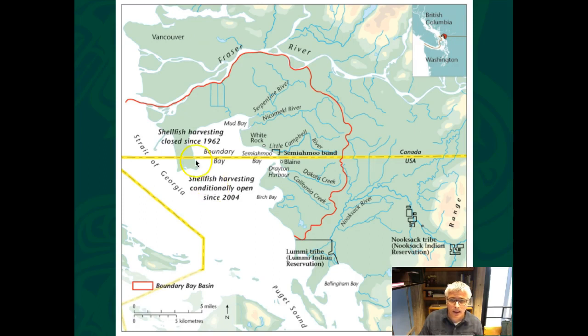And so in Boundary Bay, which is the boundary between Canada and the U.S., on the Canadian side of the line, shellfish harvest has been closed since 1962. On the southern side of the line, shellfish harvest has been open conditionally, which means it's open during certain parts of the year.